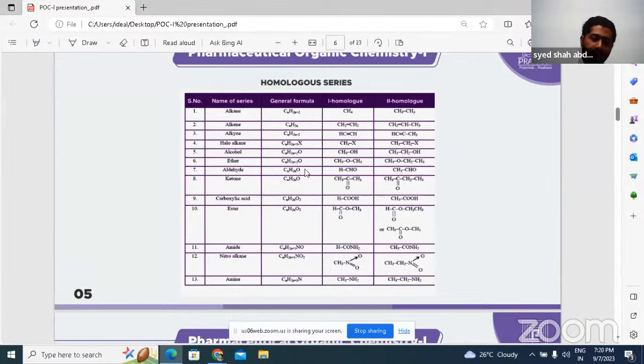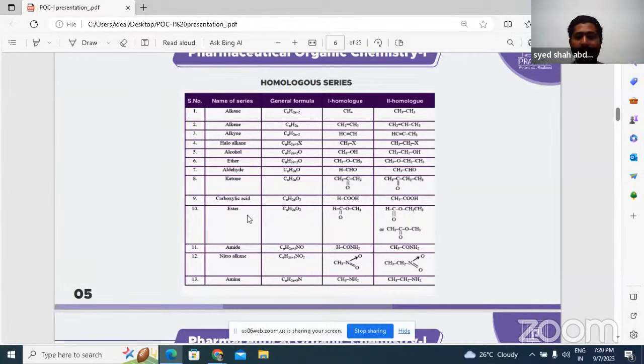If you have knowledge about functional groups, how they have been mentioned and how they have been attached, then you can easily give the homologous series of whatever compound is being asked. For example, if carboxylic acid is being asked, you can write methanoic acid, then ethanoic acid, propanoic, then butanoic, pentanoic acid, like that.